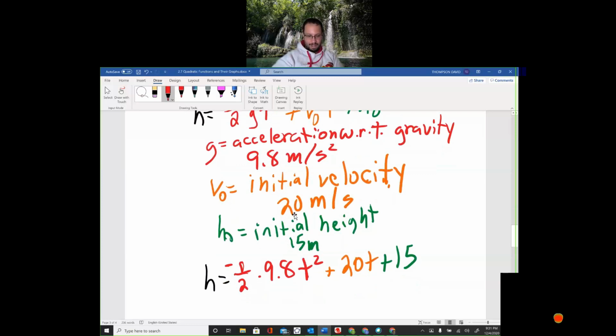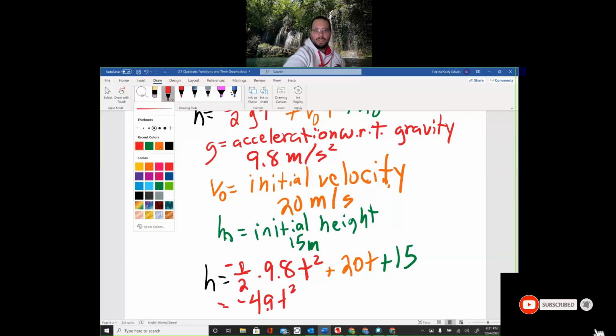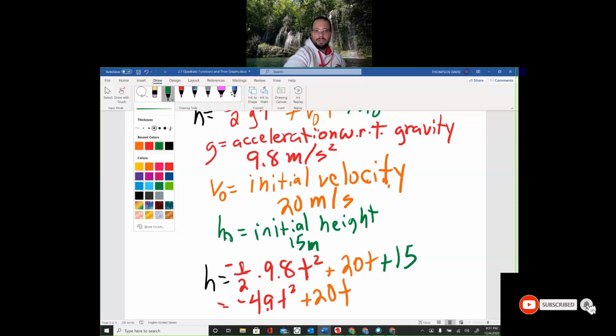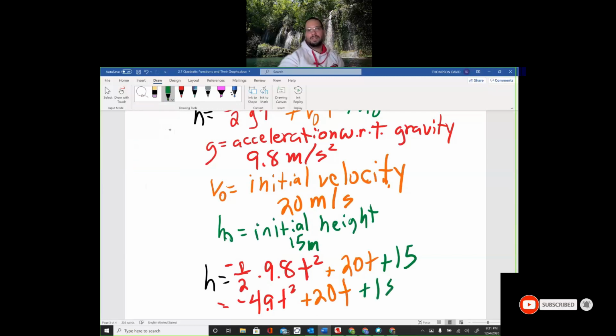When we simplify, we get negative 4.9 t squared plus 20t plus 15. Now we're ready to graph it and answer part B about how high the ball is after 3 seconds and find out when the ball will hit the ground.